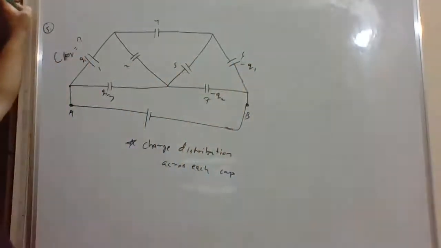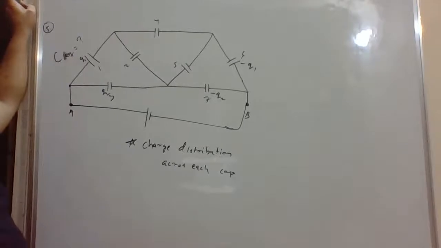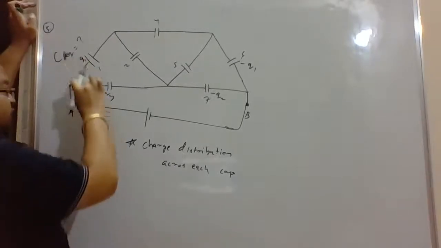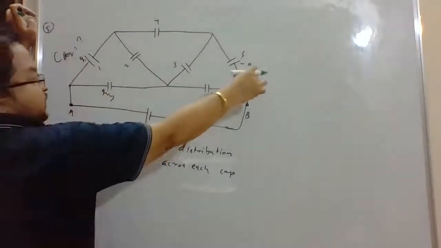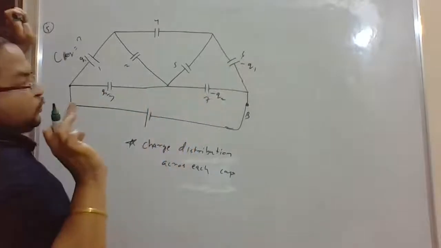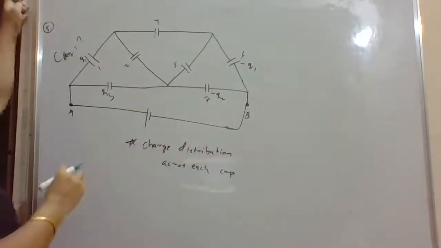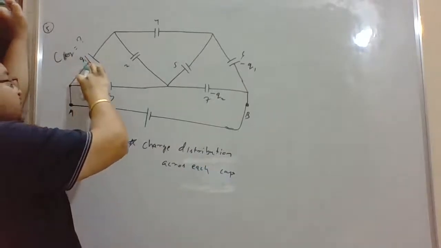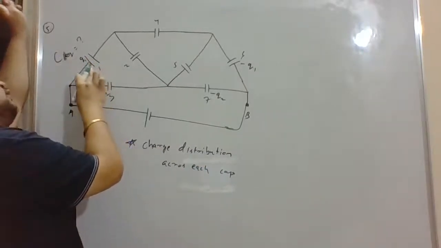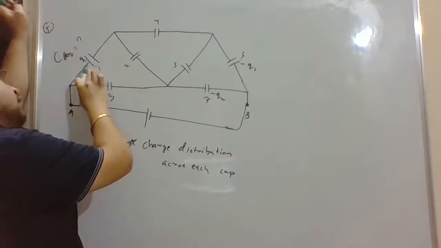That's why we say these problems are symmetry problems. If you send plus q1 here and plus q2 here, send minus q1 and minus q2 in the symmetrically opposite directions.